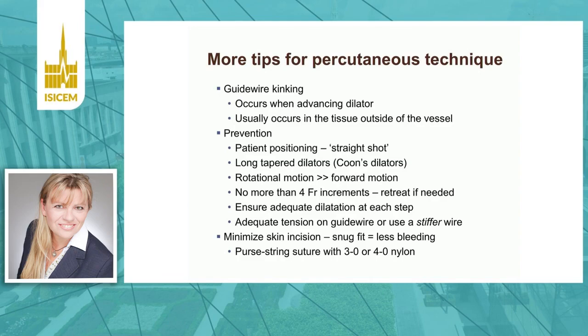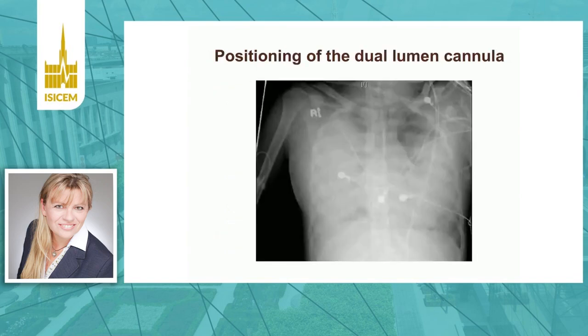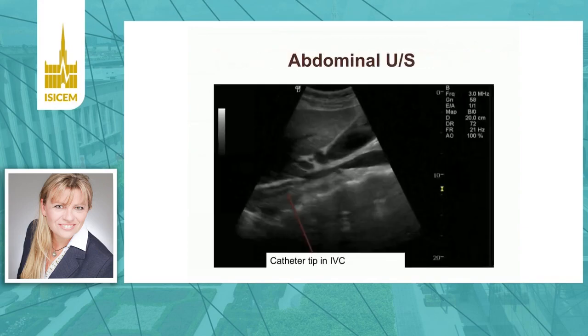This is how the dual lumen cannula is placed and looks on the X-ray picture. And this is what I was talking about, to support the transesophageal echo with a transabdominal ultrasound to see the catheter tip in the inferior vena cava.